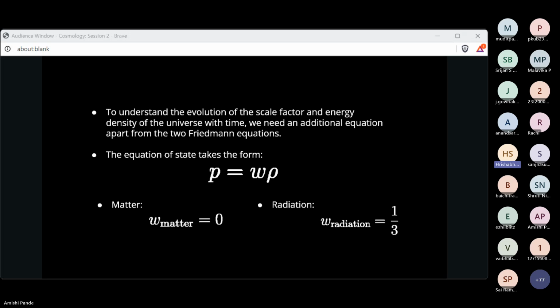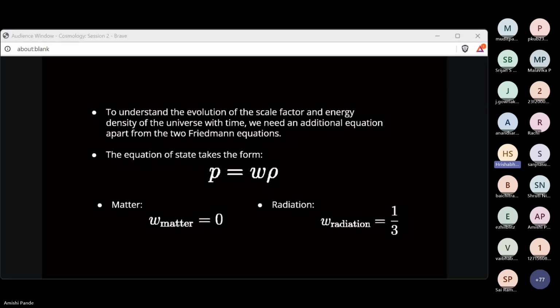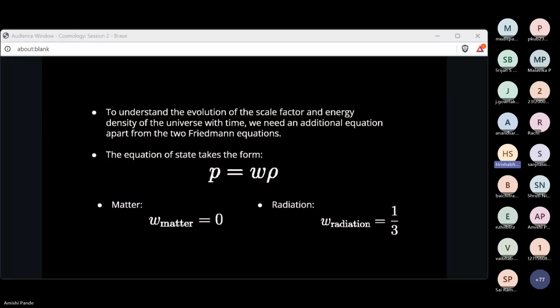If we try to find the equation of state parameter, we will see that for matter it is 0. The matter that we see here is non-relativistic matter, or the stuff that we are calling matter here moves at a speed very much less than the speed of light. It's me and you.